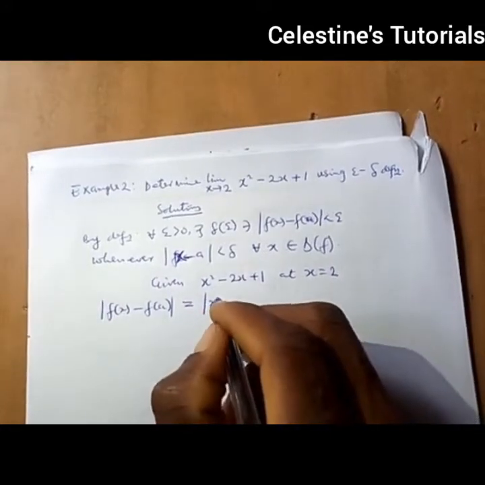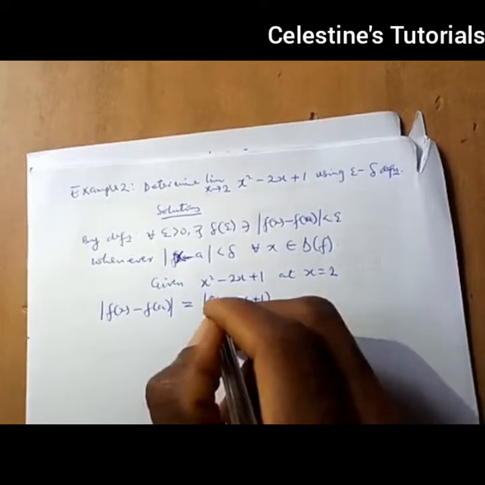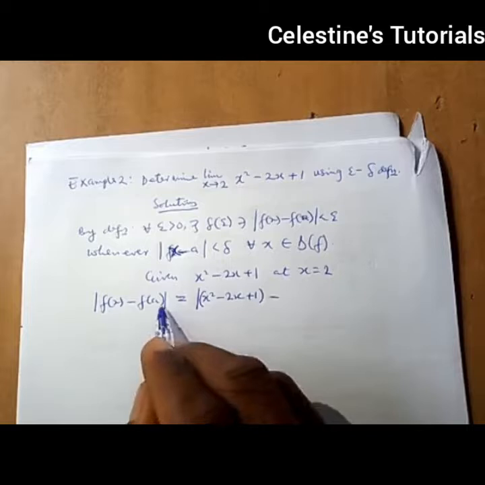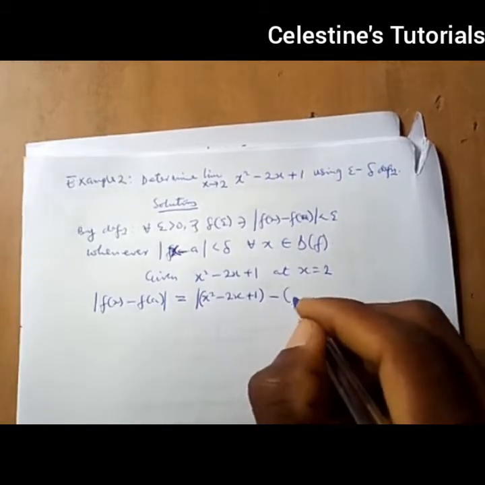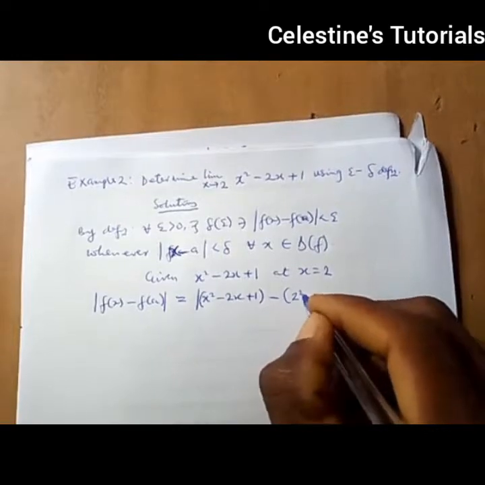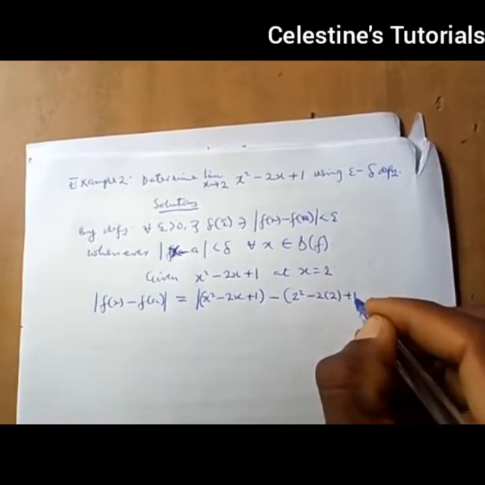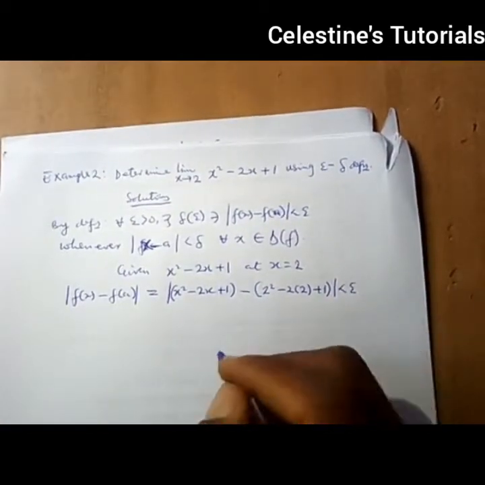So you now have x squared minus 2x plus 1 minus f of a. Your a is 2. You now substitute into the function. You have (2 squared minus 2 into 2 plus 1), close your brackets, less than epsilon.